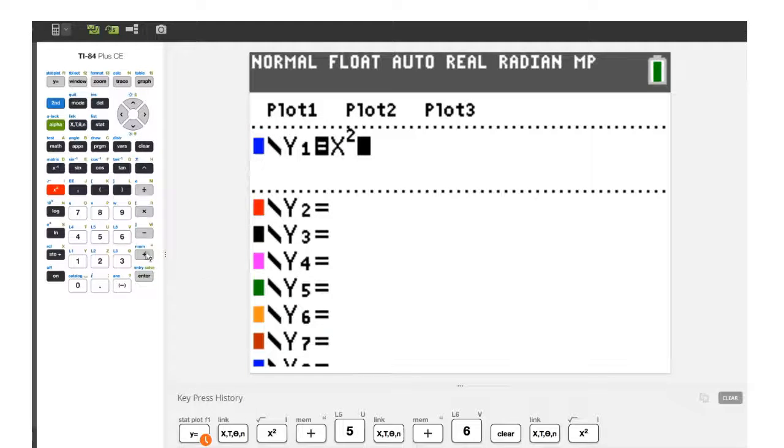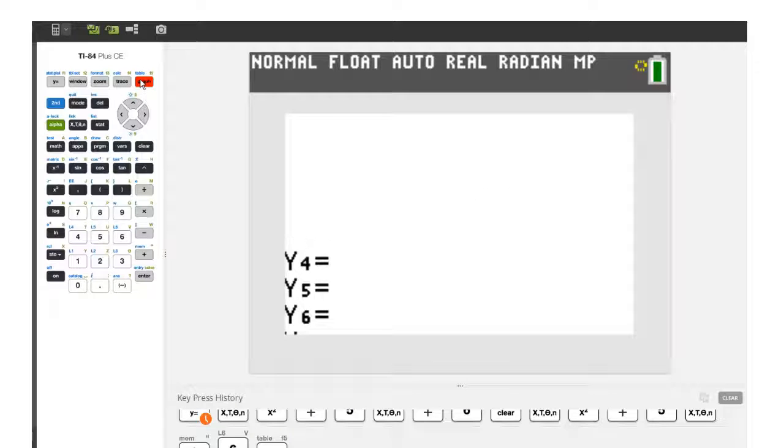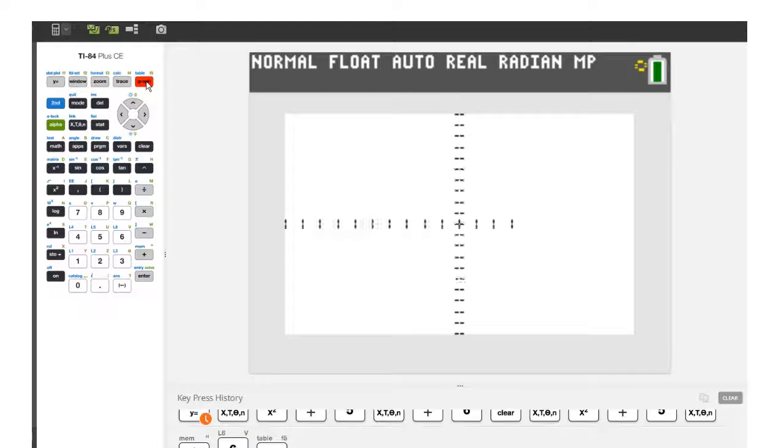So I'm going to have x squared plus 5x plus 6, and I need to look at the graph. On the graph, I see that the zeros are -3 and -2.